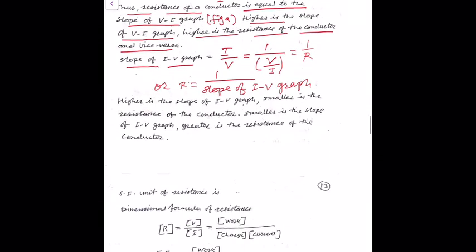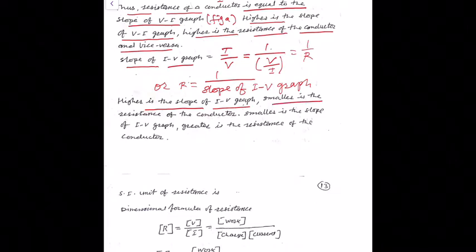Here higher is the slope of IV graph, smaller is the resistance of the conductor. Smaller is the slope of IV graph, greater is the resistance of the conductor.